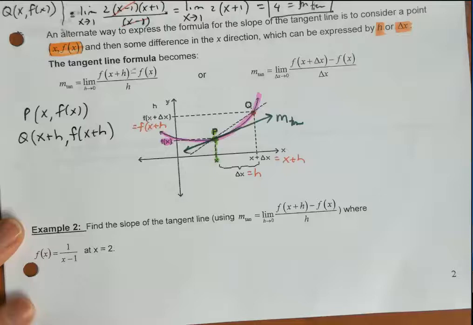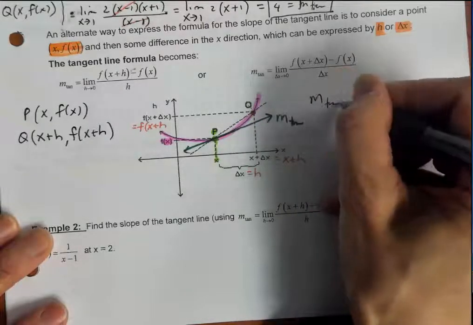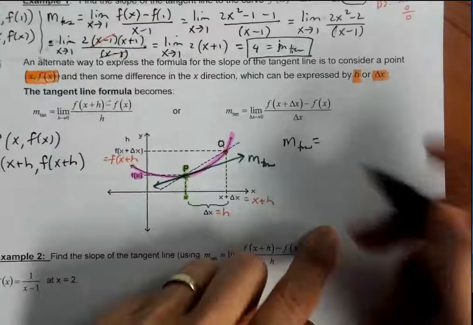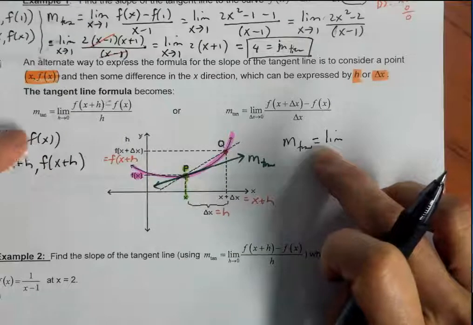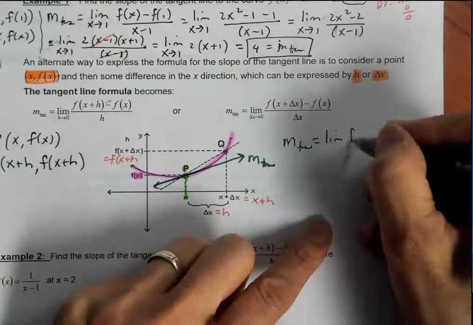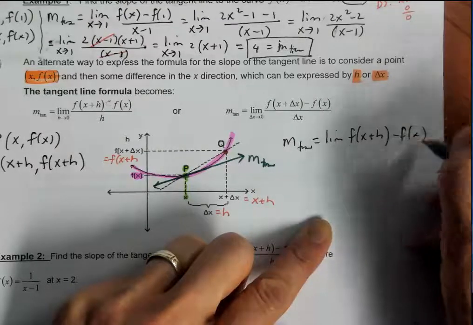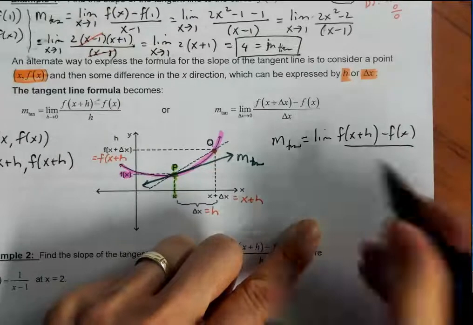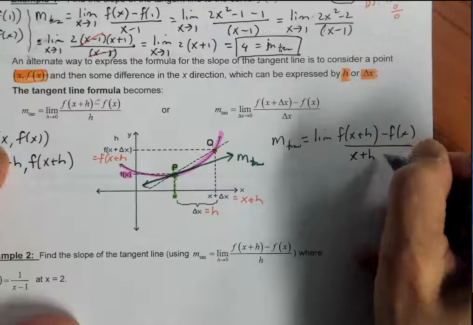Okay, so here is my slope: the slope of my tangent line is equal to, put the word limit out in front of it. And so you'll have your change in y, so that is f of x plus h minus f of x. And then in the denominator, you have x plus h minus x.